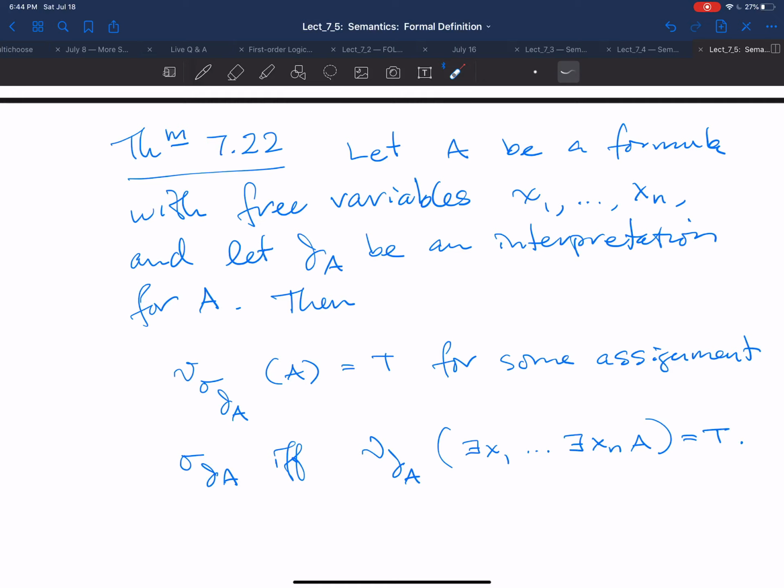Suppose that there is some assignment of values to those variable symbols that makes A come out to be true. That is the case if and only if the formal semantics say that the existential closure has the truth value true under this interpretation. And of course, because the existential closure is a closed formula, its truth value depends only on the interpretation and not on any assignment. That's part one of the theorem.